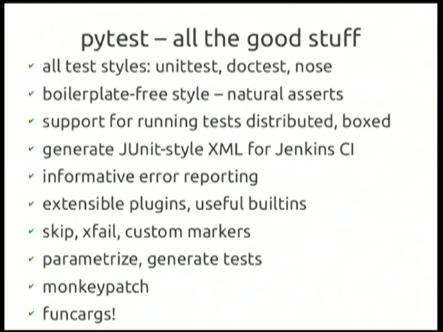So now you should have a good idea, or a bit of an idea, of most of the things that I've mentioned here. And so I think one of the real benefits to Pytest is it has very good support for running distributed tests. And if you have a lot of tests, or they take a lot of time to run, that's super useful. And using Funcargs really helps you isolate your test interdependencies and get rid of them.